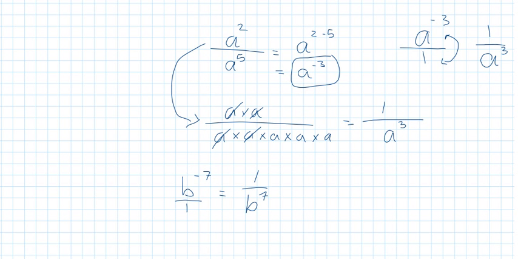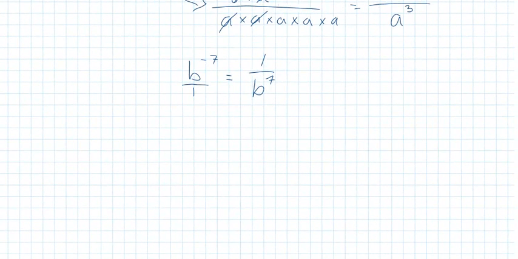Now what if I already have a denominator? I have, let's say, a over b to the power of negative 3. How can I make that a positive exponent? Flip the fraction. So flip your base.